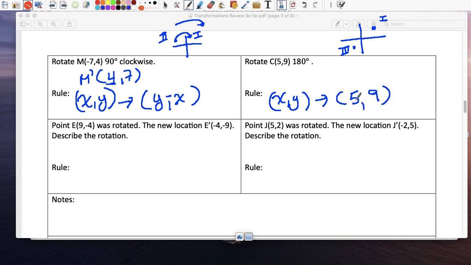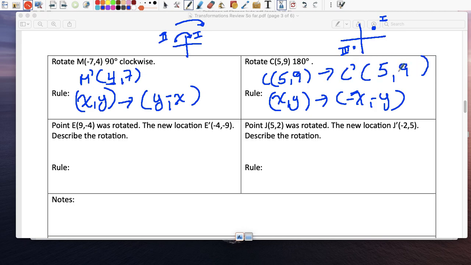But you negate everybody. So it's still x and y, but you negate whatever they were. C becomes C prime, still 5 and 9, but in quadrant 3 everybody is negative. So that would have been the answer.